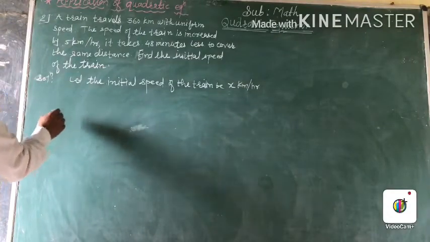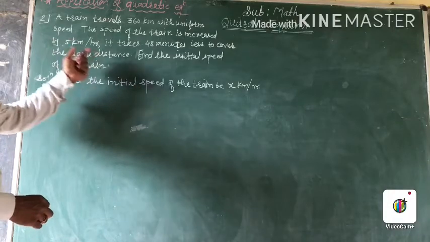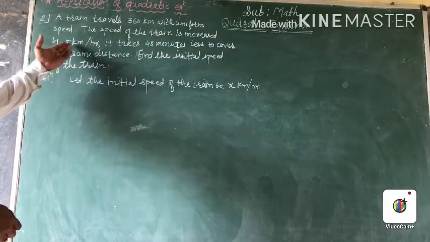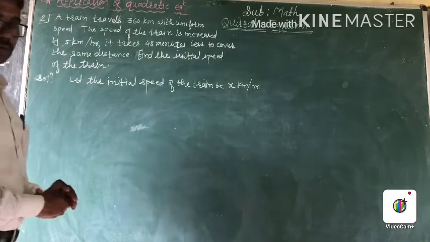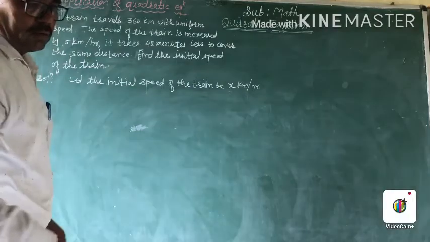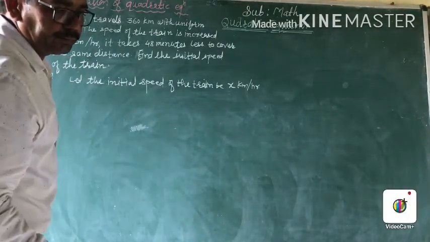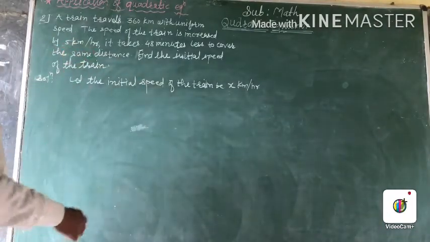And this is the initial speed, and the next speed, the increasing speed, is 5 km per hour. This speed is called the new speed.